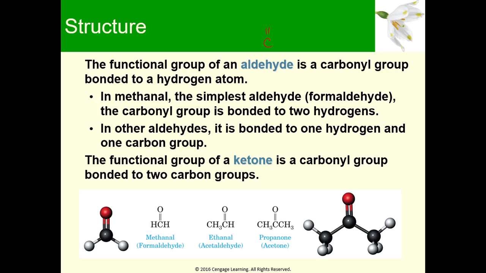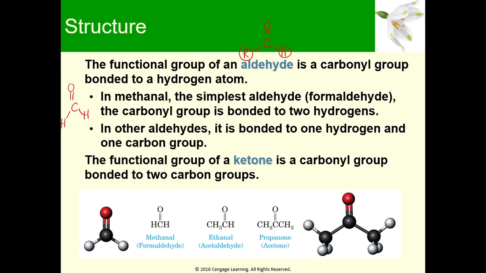Remember that C double bond O, and one side of that carbon is bonded to H, and this other part is bonded to R. This R can be any substituent. In methanal, the simplest aldehyde, also called formaldehyde, the carbonyl group is bonded to two hydrogens. So the structure of methanal or formaldehyde will be C double bond O, H, H.